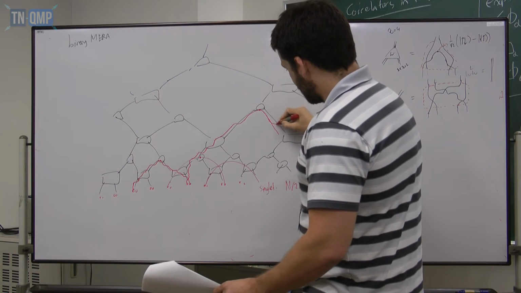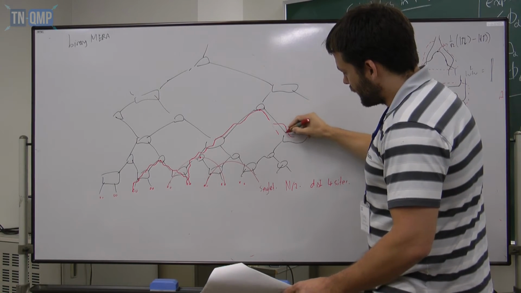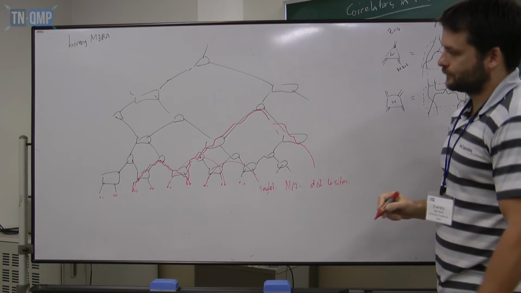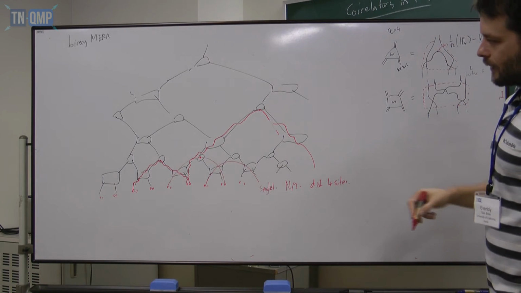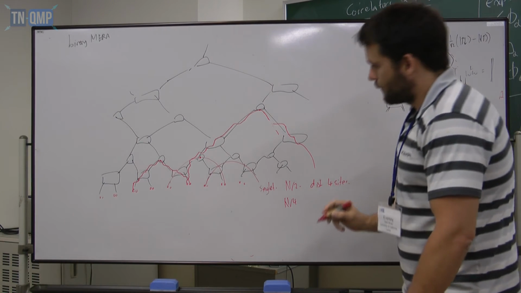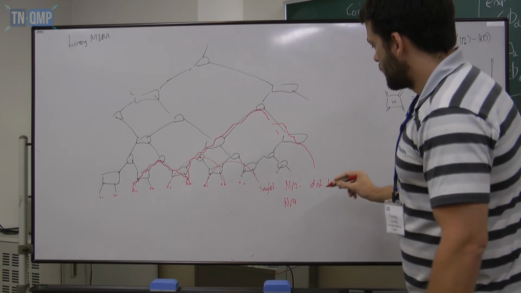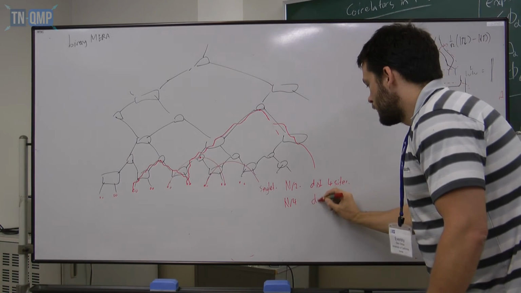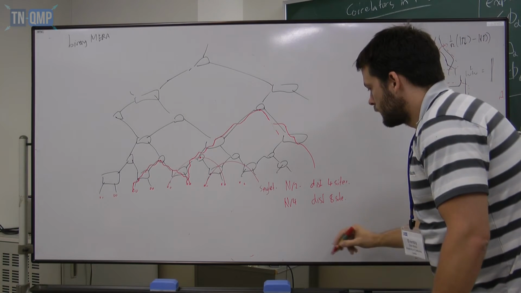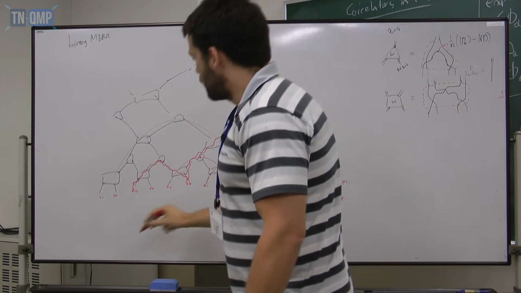Each time I go across a wire I'm just crossing over, and each time I go through a disentangler I'm crossing over, following this rule. If I look at this, I get a bunch more singlets. I have n over 4 of them at roughly distance 8 sites apart.